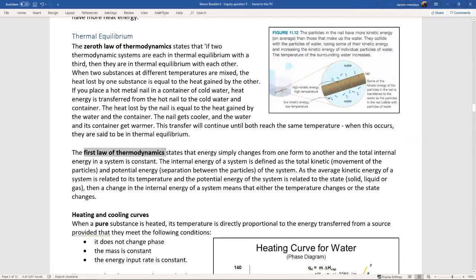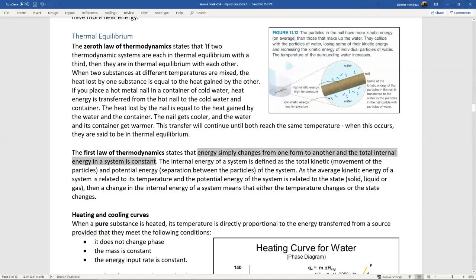The other one is the first law of thermodynamics, which is something that you've probably heard of: energy simply changes from one form to another, and the total energy in a system is constant. This is considering a perfect system that doesn't have anything taking away that energy in the form of sound or radiation.